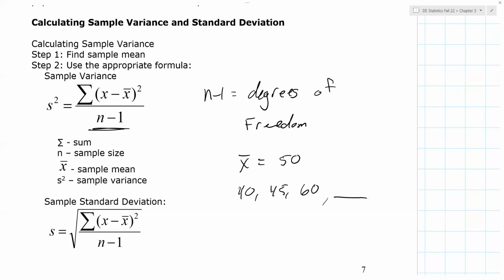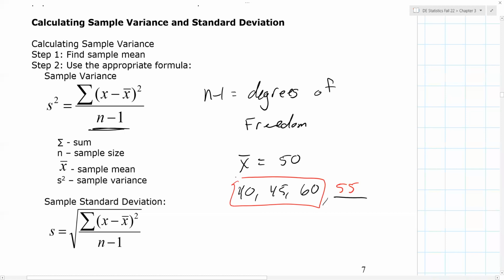Yes. If I know the average and the 3 test scores, I can find the fourth one out, and the fourth one has to be 55. Which means if I know the average, then I have n minus 1 answers that can change. Meaning these three scores can be whatever they want.